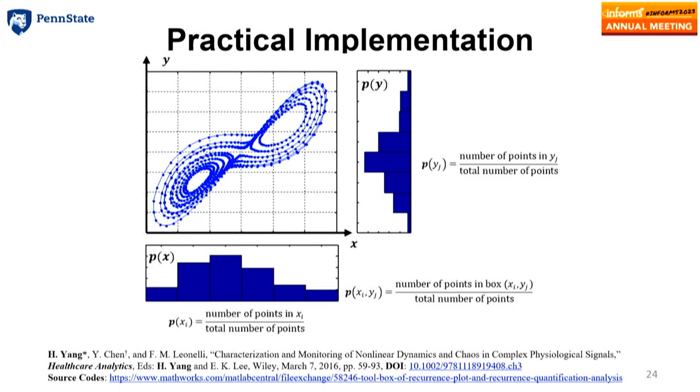The p(x,y) at the x and y location is the number of data points inside a particular box divided by the total number of data points. That is the joint distribution. If we plot the data in this way, we will be able to derive the mutual information.